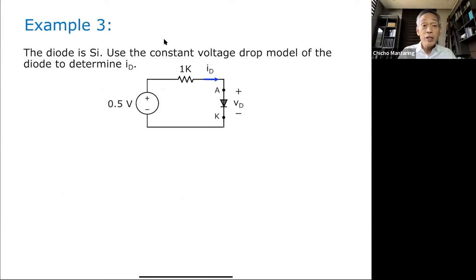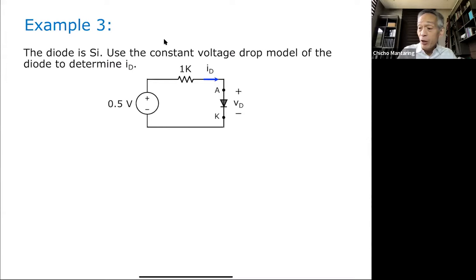Okay, so we can apply this rule to all three models, no? Where in the ideal model, your forward voltage is equal to 0. So let me use the example that I conjured up earlier. It's also my example here. So use the constant voltage drop model of the diode to determine I sub D, but this time let's use the second method. So what is our second method?